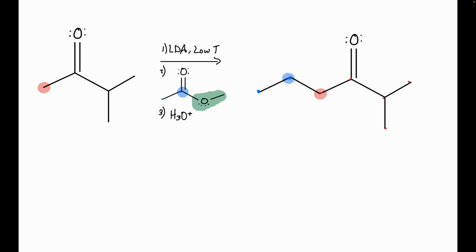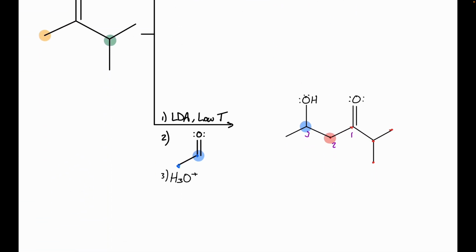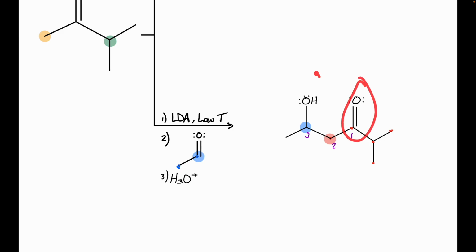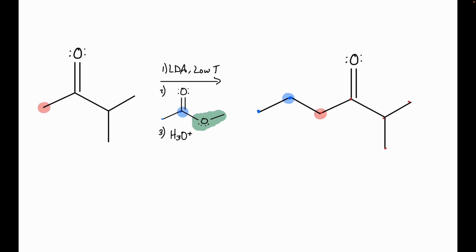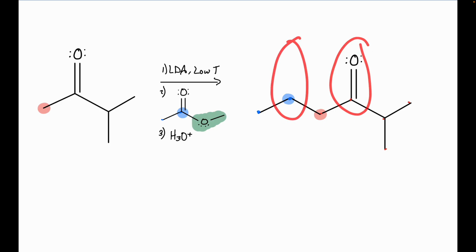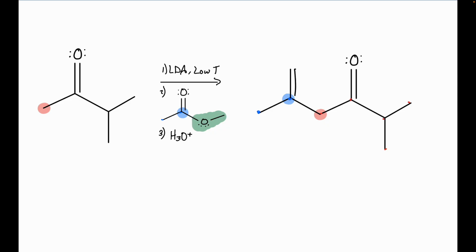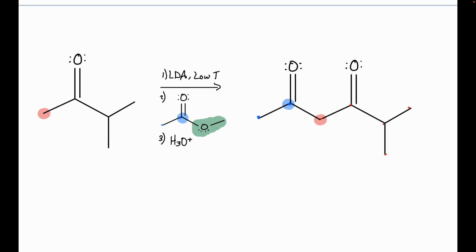But whereas in an aldol addition reaction, I had a carbonyl group and an alcohol group, in a Claisen reaction, I'm going to have a carbonyl and what? Another carbonyl. That carbonyl is what reforms to kick off that leaving group.